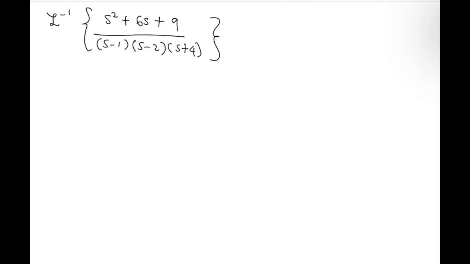All right, so the rules say that first, this fraction can be broken into 3 parts because we have 3 factors of s in the bracket. The first denominator will be s minus 1, second will be s minus 2, and third will be s plus 4.